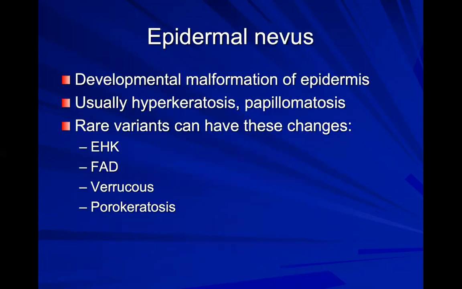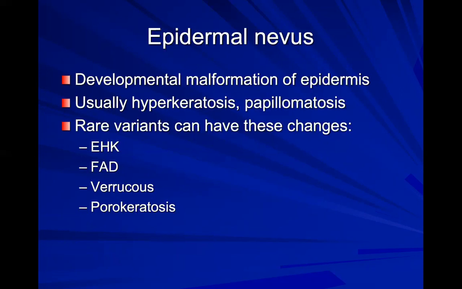So to begin, epidermal tumors, this is going to include not only true neoplasms, but also just proliferations and congenital anomalies, etc. So an epidermal nevus is a developmental malformation of the epidermis. Usually what you see is hyperkeratosis and papillomatosis, kind of like what you might see in a seborrheic keratosis or even a warty type change.